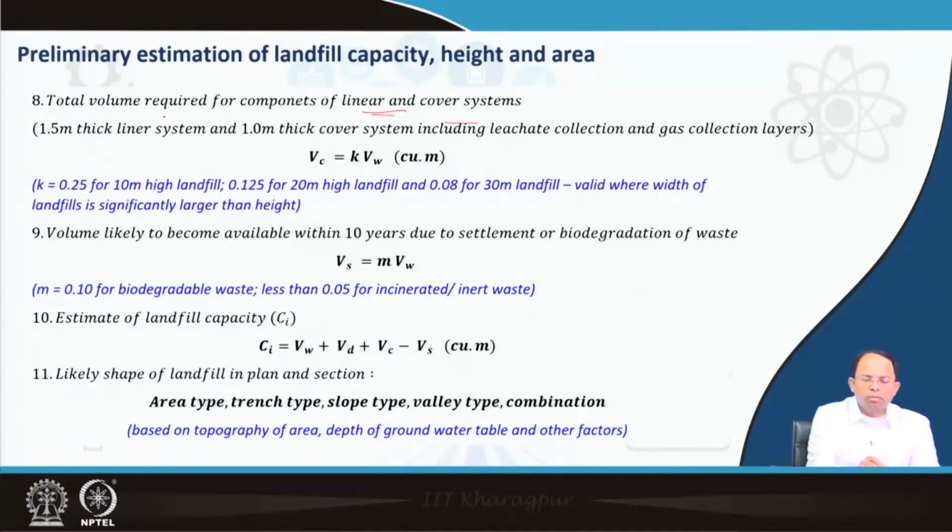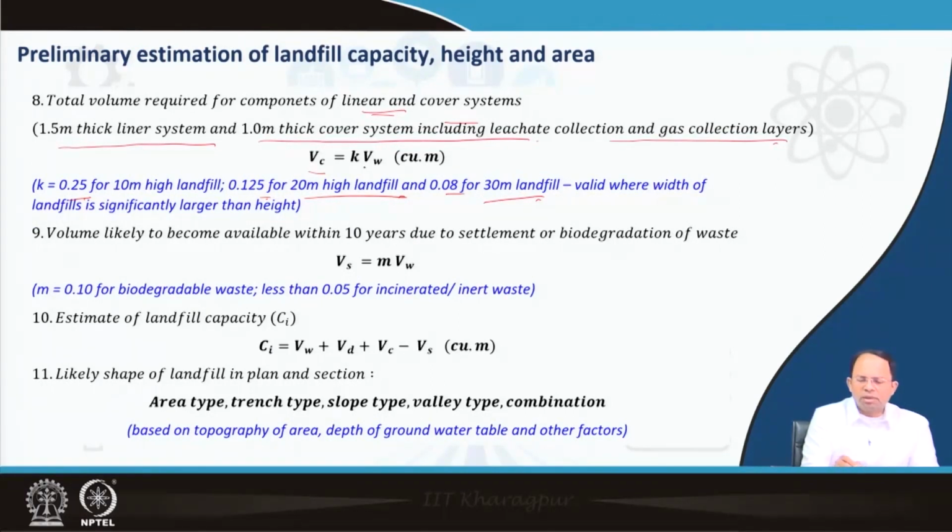So the total volume required for that, assuming a 1.5 meter thick liner system and 1 meter thick cover system, including leachate collection and gas collection layers, we can take another 0.25 for landfills of smaller height. If the landfill is of larger height, this volume is lesser, which is 0.125, meaning 12.5%, or in the case of 30 meter high landfills, this is even lesser, around 8%, right?